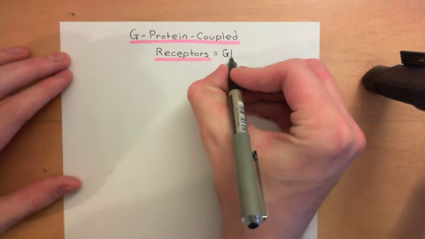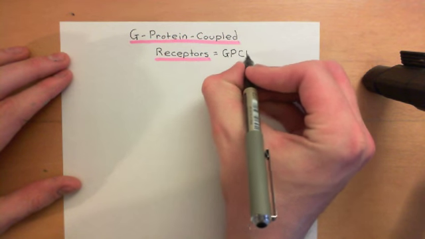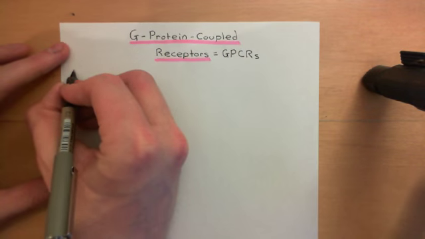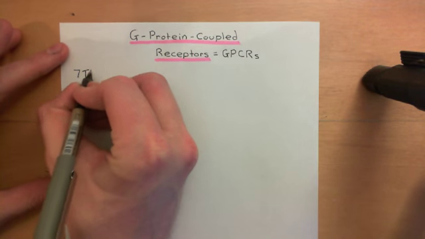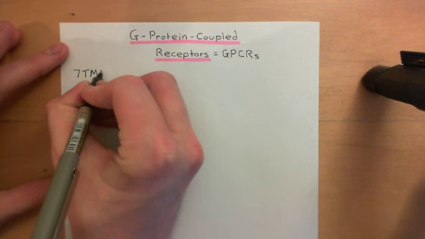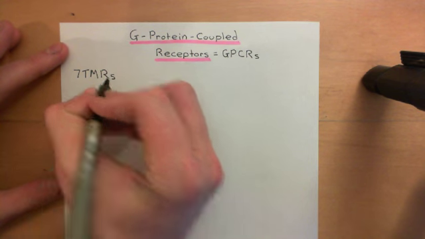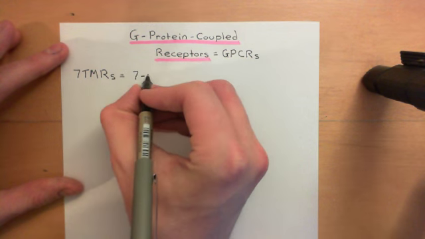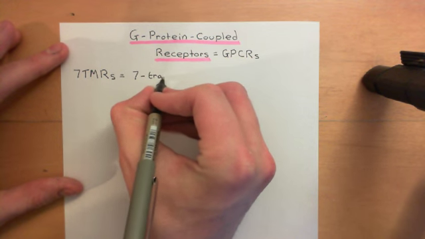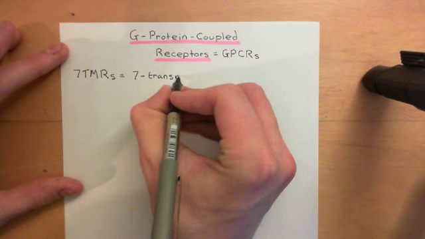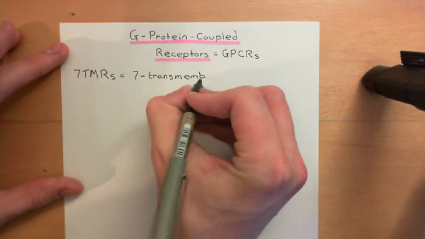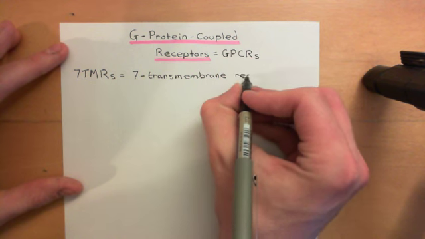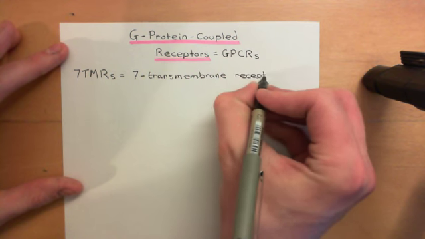The new name that people want to use is 7 transmembrane receptors, which for short would be abbreviated to 7TMRs. So the 7 stands for 7, the TM is for transmembrane, and the R is for receptors. So, 7 transmembrane receptors.